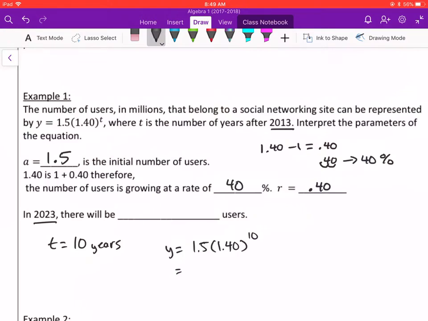I don't have it here to show you, but if you plug it straight into the calculator, it would give you 43.3882 users. That's probably in millions, or whatever, thousands, who knows what it could be, but yeah, 43.3. Just plug it straight into the calculator.